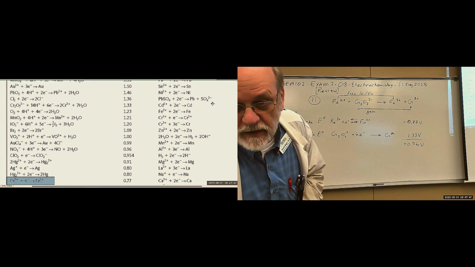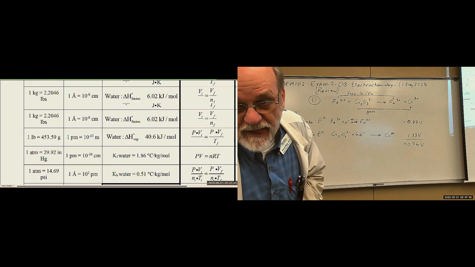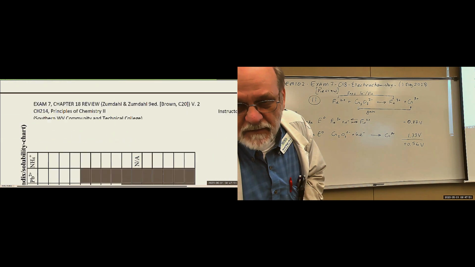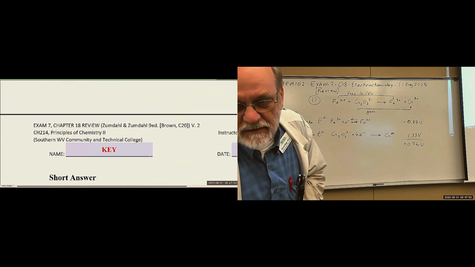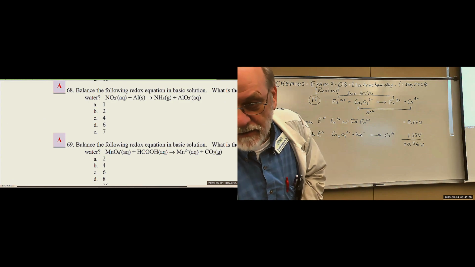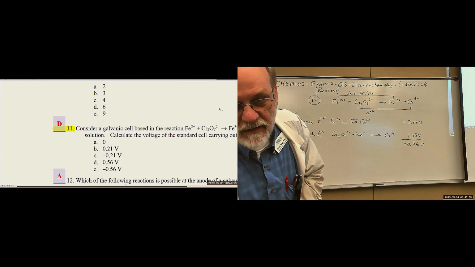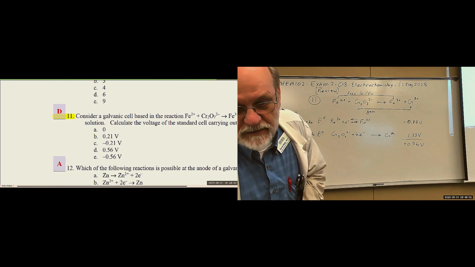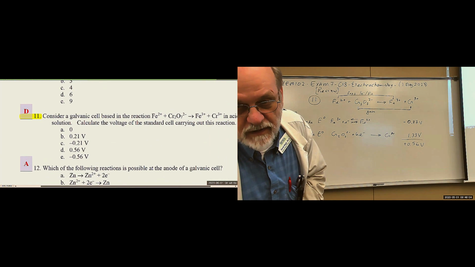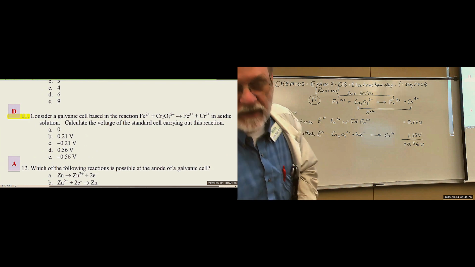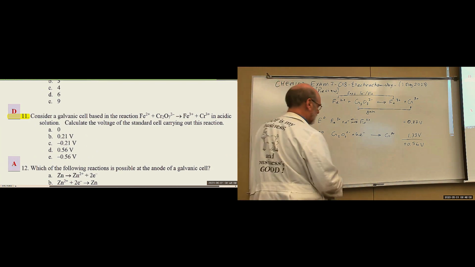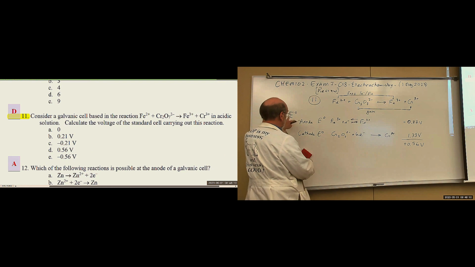Let's see if I can do it this way. It's going to take forever. Let me do it this way. There we go. And scoot you back over. There we go. So the answer is D. 0.56 is the standard potential.